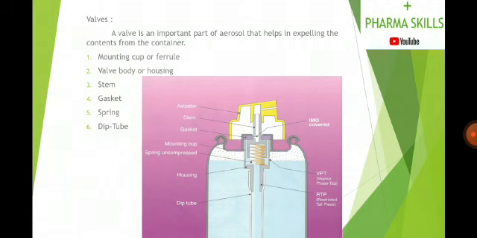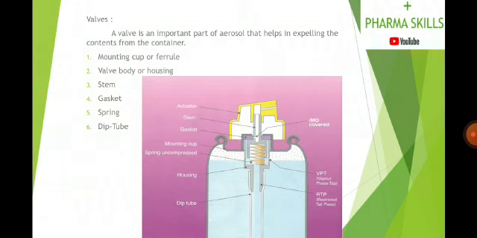Now, valve body or housing. Valve body is placed below the mounting cup. It links the dip tube with stem and actuator. It is made of nylon. An opening of about 0.013 to 0.080 inch is present at point of attachment of dip tube.